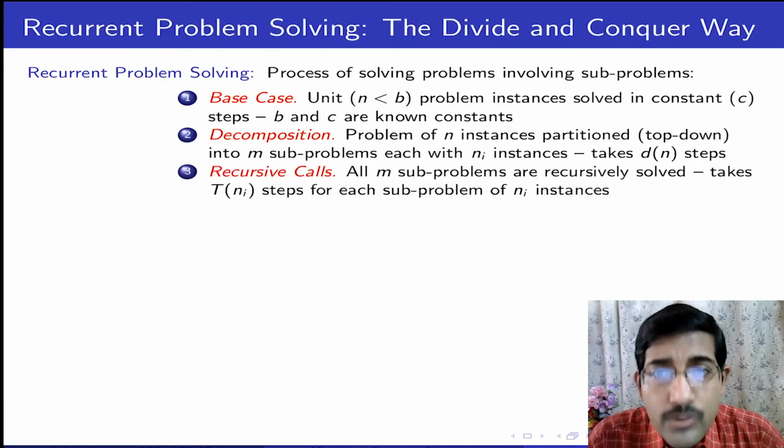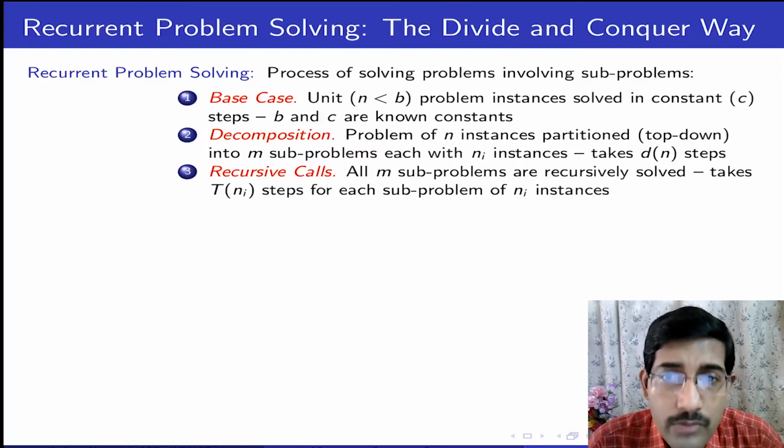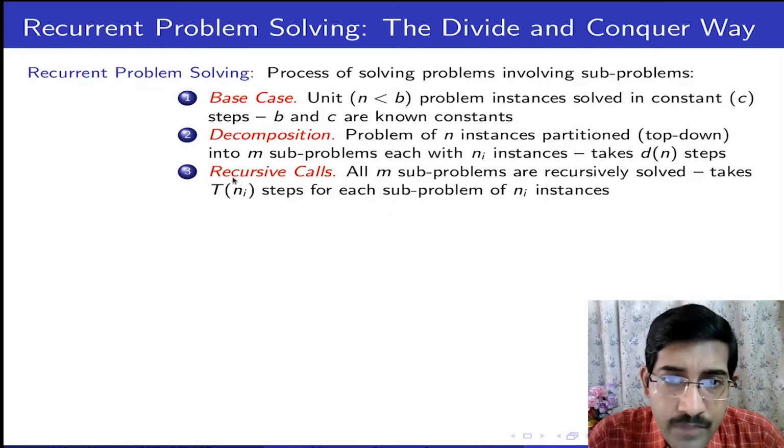Now when you decompose a problem into sub-problems, the next thing is that those sub-problems can be solved in the same way as we solve the original problem. So they are solved recursively.